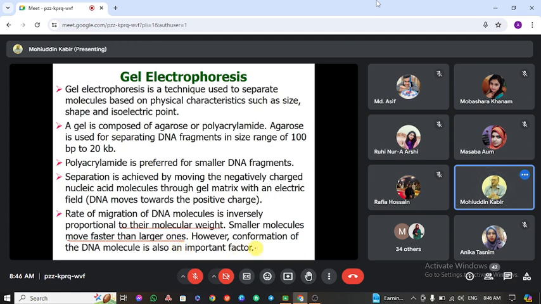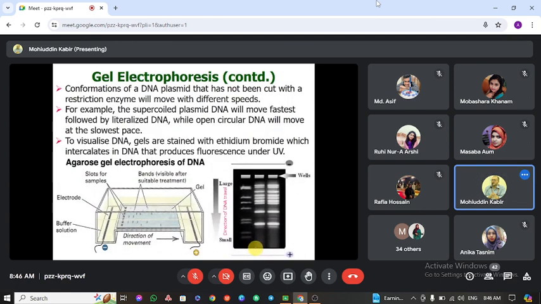Consider the conformation of a DNA, let's say plasmid DNA that has not been cut with any restriction enzymes.